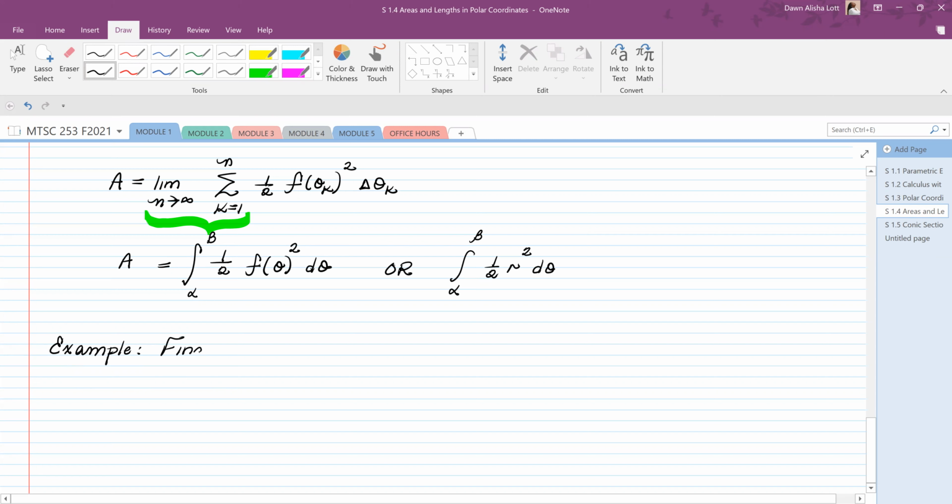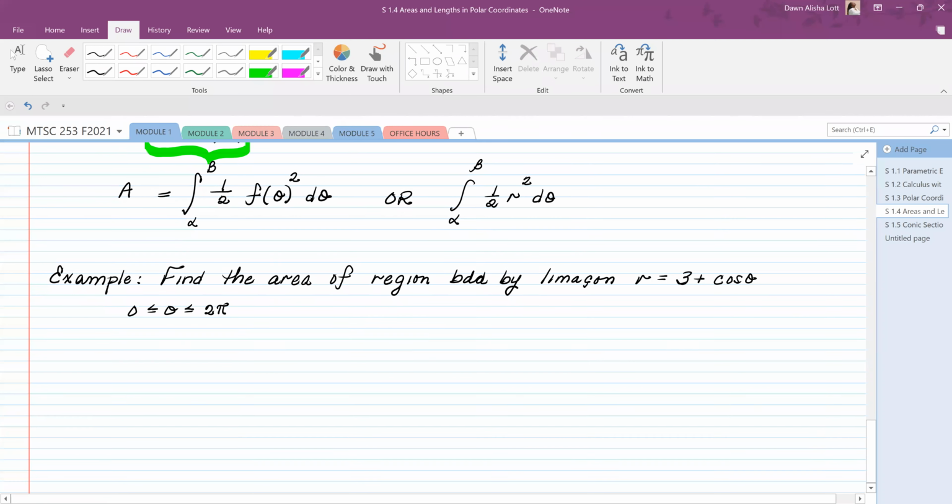Find the area of the region bounded by the limaçon r equals 3 plus 2 cosine of theta, between 0 less than or equal to theta less than or equal to 2 pi.